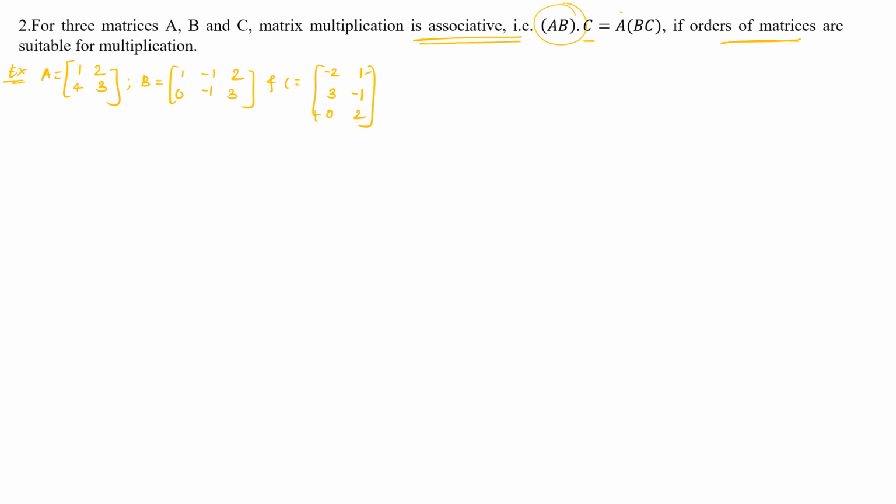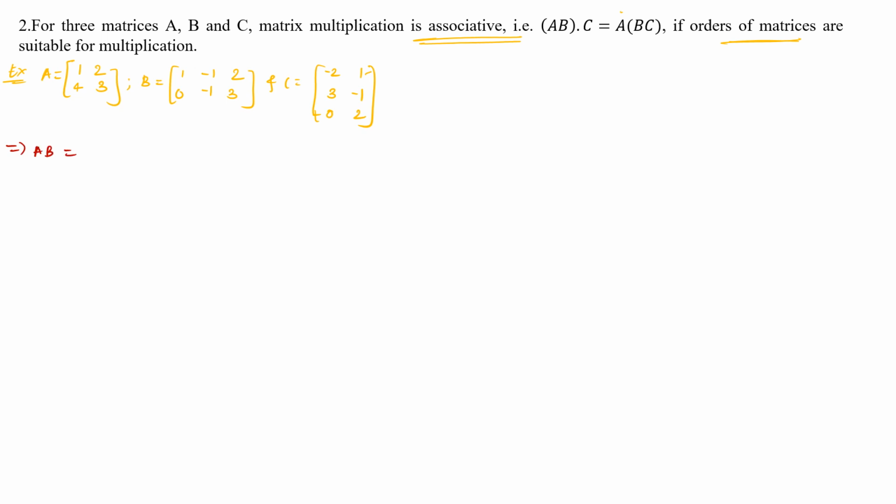So what we will need to check, we have to check the associativity. To check the associativity, on the left hand side what do we need? First we need the product of AB and then we'll be multiplying by C. So first we will check what is A into B.